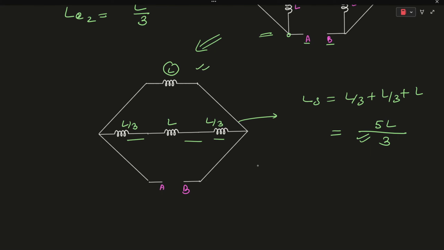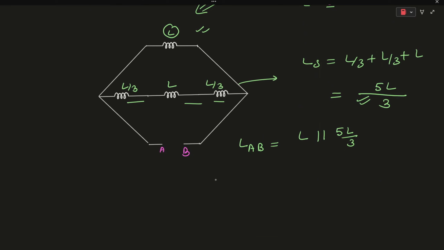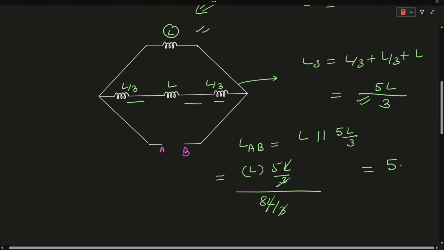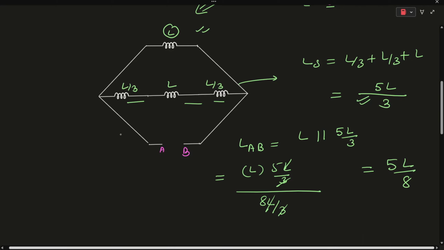This means that the equivalent inductance LAB will be equal to the parallel combination of L in parallel with 5L by 3, which is coming out to be 5L by 8. So the equivalent inductance across the terminals A and B will be equal to 5L by 8.